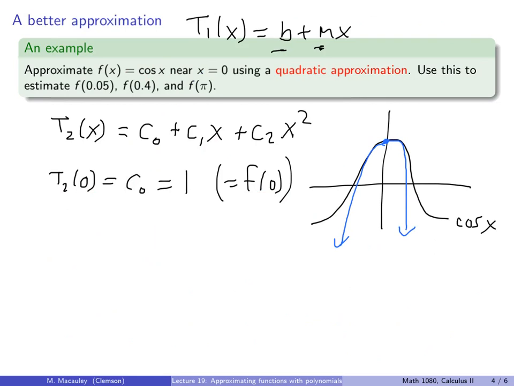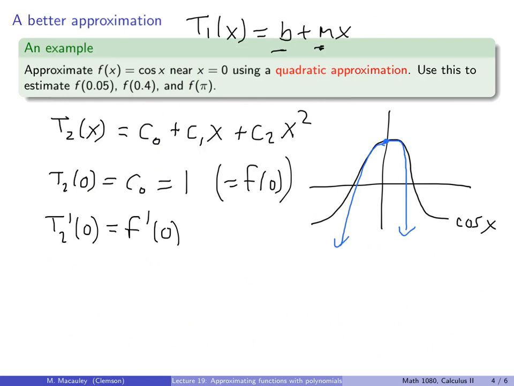But we need more too. We want the slope of the tangent line of cosine to equal the slope of the tangent line of this polynomial. So what does that mean? That means that t2 prime of 0, the slope of the tangent line of our polynomial approximation, has to be the same thing as f prime of 0.